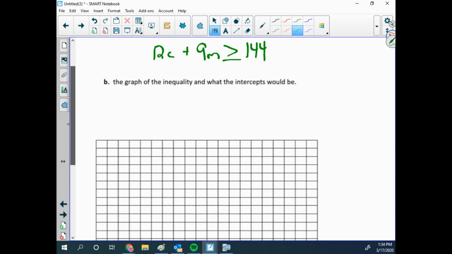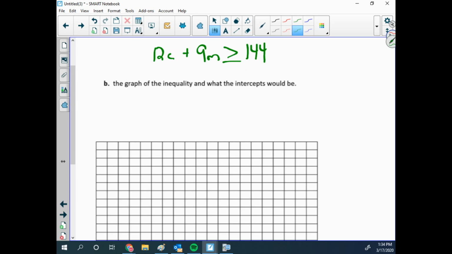Next thing they do for these real life questions is they ask me to sketch them. And they're less than ideal to sketch if I don't have very nice numbers and I have to create my own scale. So the best way to do that is just find the intercepts. And so my intercepts is just like make C equal 0 and make M equal 0. And that will tell you, if I sold no cheeseburgers, what's the max amount of Mexican meals I'd have to sell.